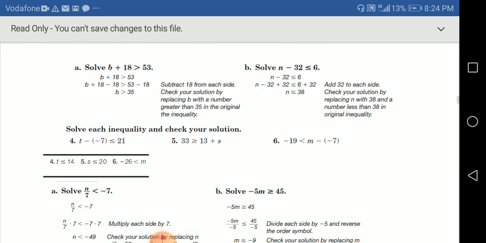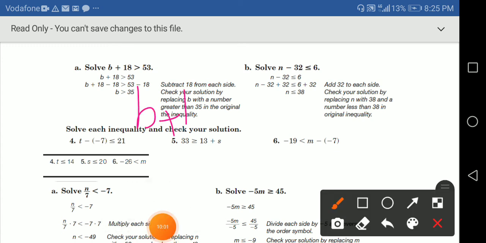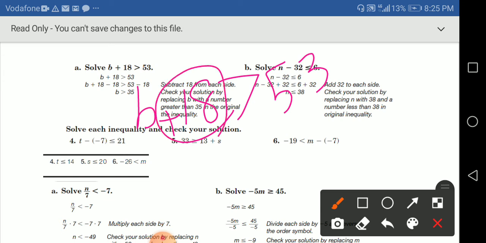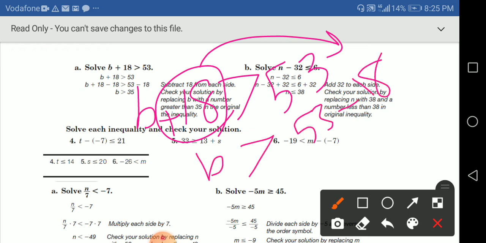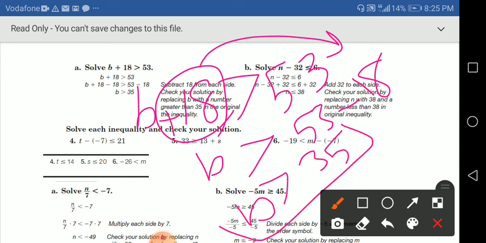I have another kind of questions. Solve the inequalities. It's very easy, like the equation. b plus 18 greater than 53. How can I solve it? The number goes to the other side with a negative sign: 53 minus 18, as if I'm solving the equation. b greater than 35.